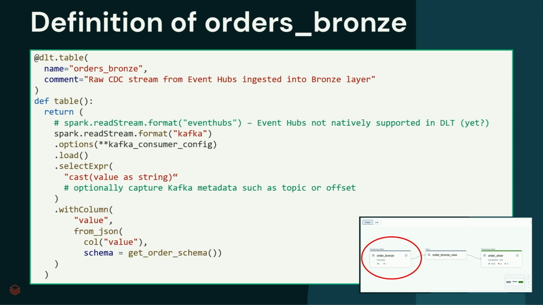What I do here is the value that we earlier saw in JSON actually comes in as a binary value, so I cast it as a string, and then the last statement here converts it to a value column that has the actual schema applied. Get order schema, the function here, imagine, gets the schema that's defined elsewhere.